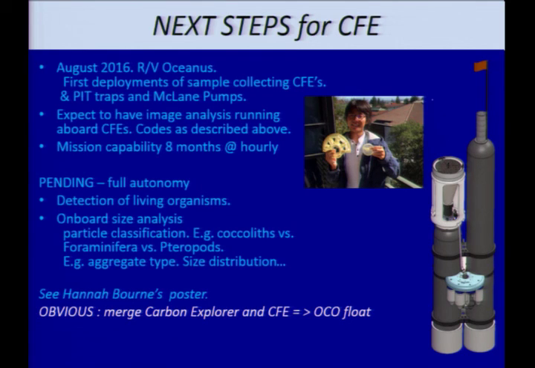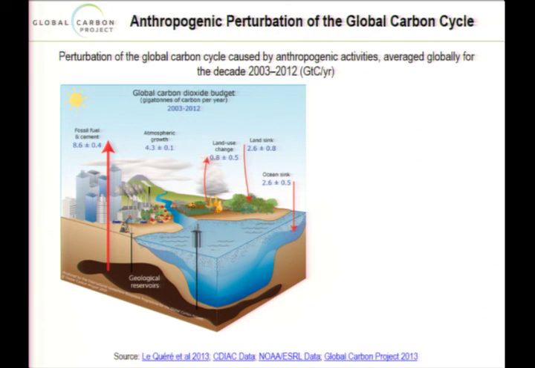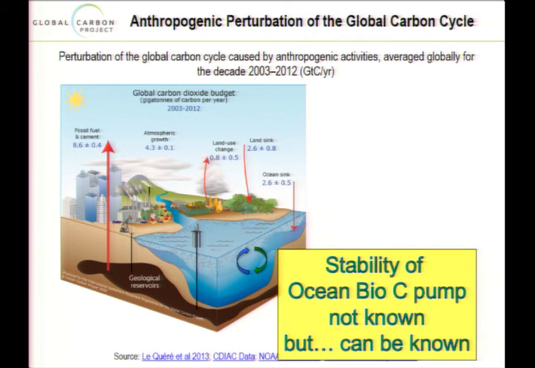That's easy. We already know how to do that. But also the candidate sensors that the biogeochemical floats carry, such as pH, look really interesting. Oxygen is an obvious one. Okay, so that's the carbon cycle. Stability of the biological carbon pump is not known, but can be known.